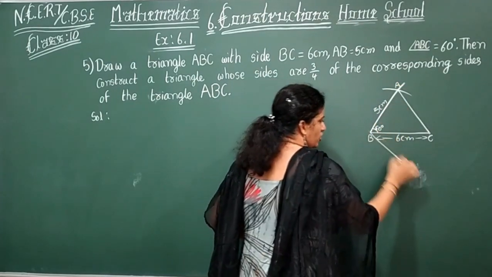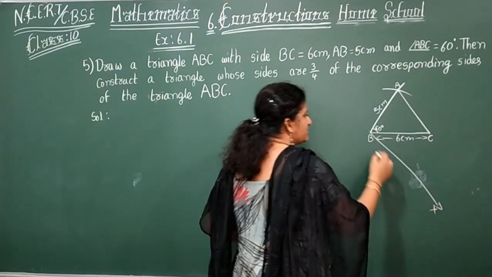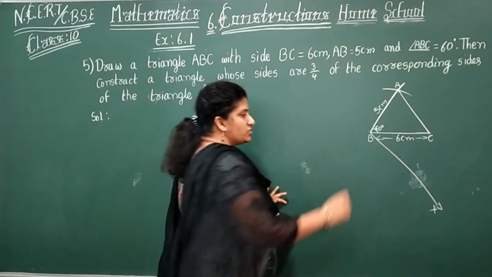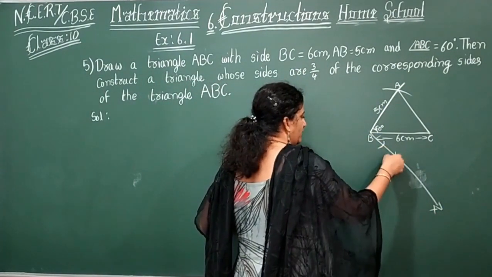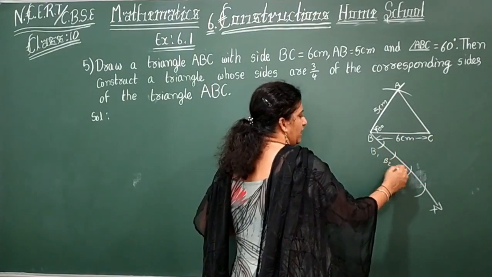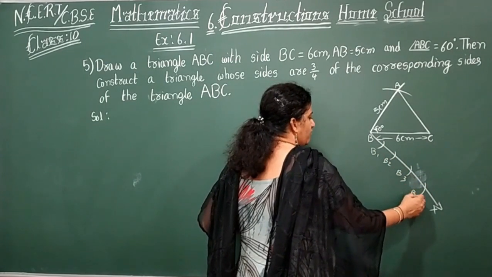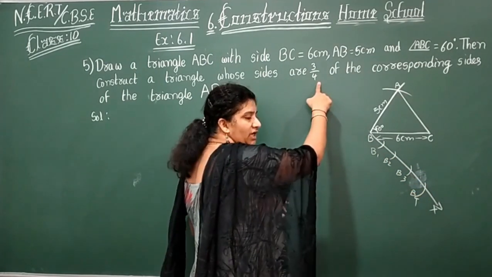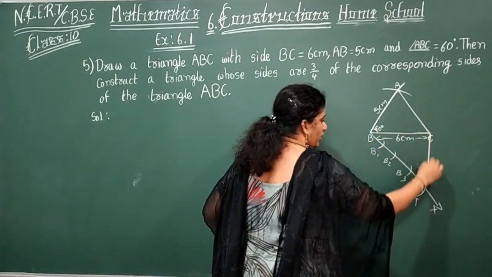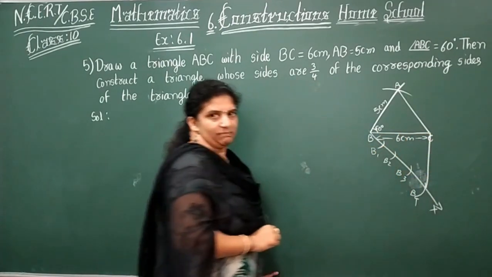Then next, draw a ray which is acute, BX. Then observe here which is greater, 4 is greater. So that many arcs you need to do: 1, 2, 3, 4. Then mark it as B1, B2, B3, B4. Now what's the denominator? With that number, join to the C point. The next step.